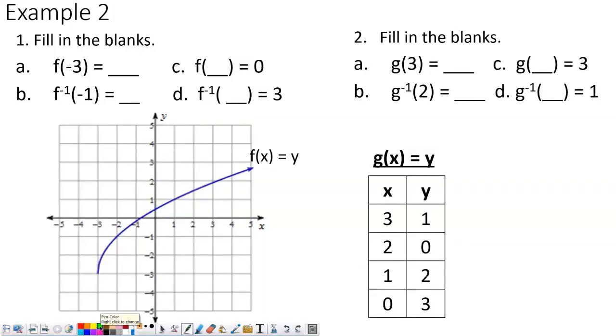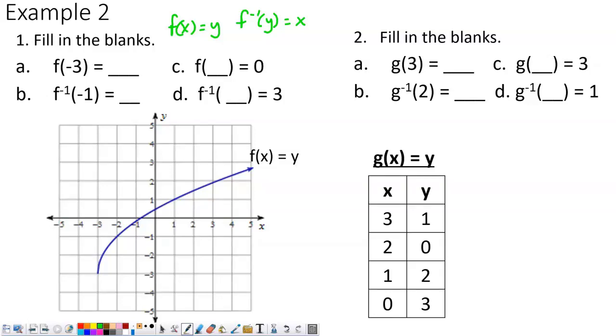As you know, if f of x equals y, then f inverse of y equals x, right? So we can use that inverse relationship to figure out the solutions to these.